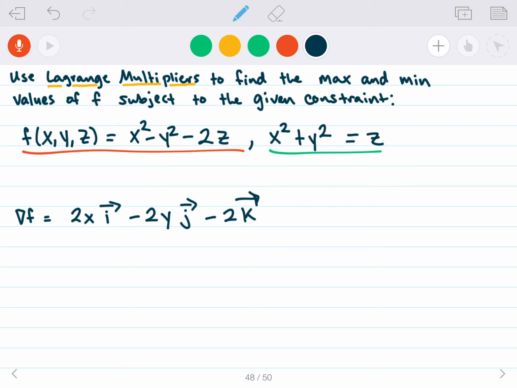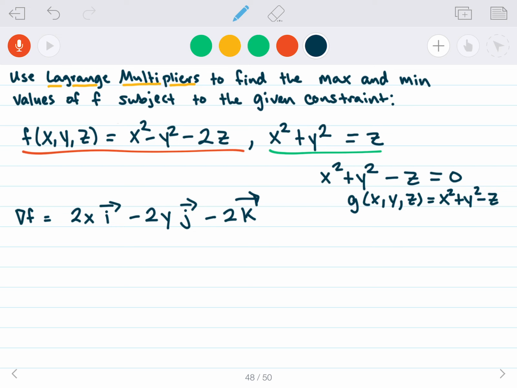Alright, so what about g? What we can do here is first subtract this z from both sides to give us x squared plus y squared minus z equals 0. We can think of that as our level surface of g. And g of x, y, z is just going to be x squared plus y squared minus z.